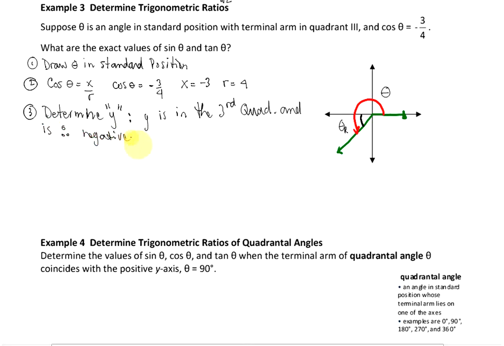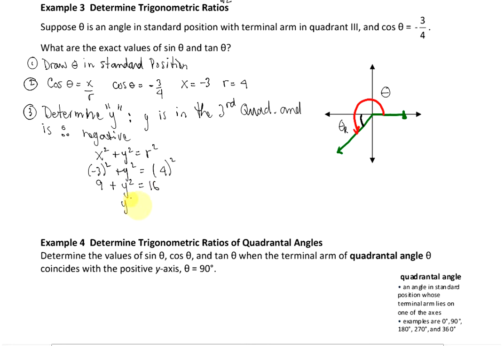Okay, so let's pull out our Pythagorean theorem again using x, y, and r. So we would have that x squared plus y squared equals r squared. We can substitute in negative 3 for x and 4 for r, so that gives us 9 plus y squared equals 16.